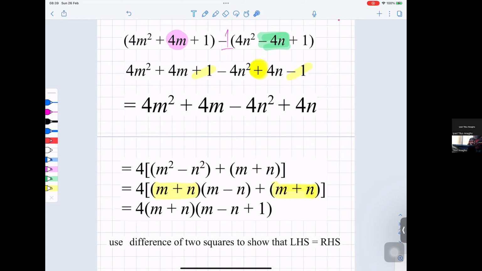So if we factorize again, the m plus n in yellow and the m plus n in yellow can come out of the bracket. And you're left with m minus n plus 1. This one was like, this is times 1. So that 1 comes there. And there's this m minus n.